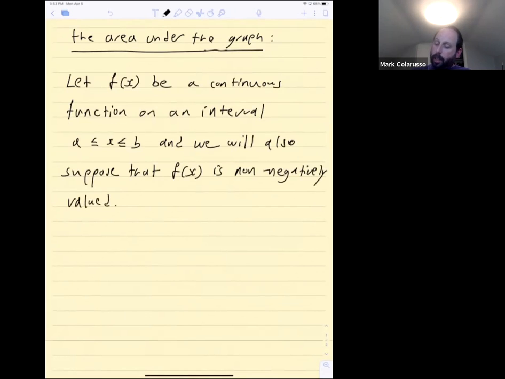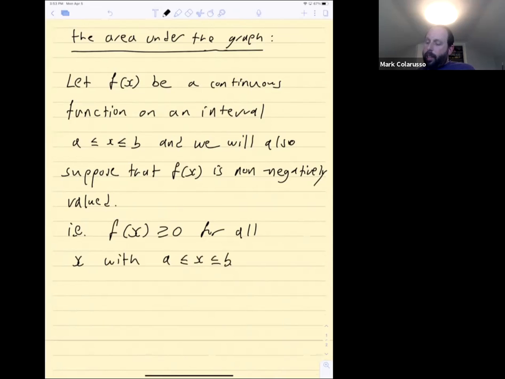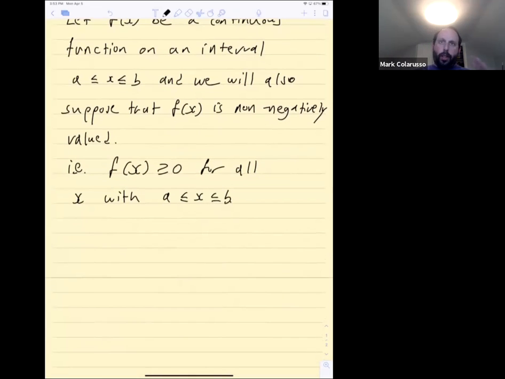That means f of x is bigger than or equal to 0 for all x between a and b. Then I'll state the connection between the algebra and the geometry, and then I'll investigate it in a simple case, and maybe you'll believe that it should be true, although, like I said, I won't be able to explain it to you in general.